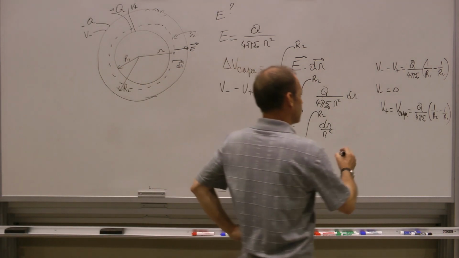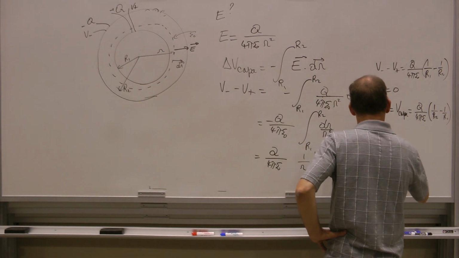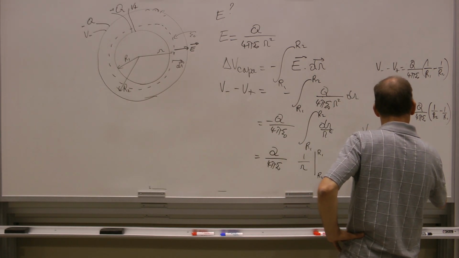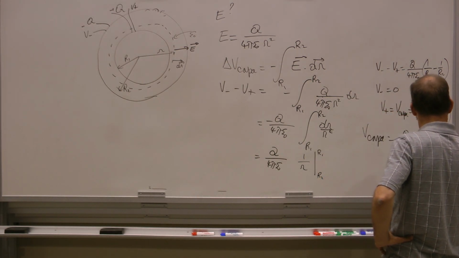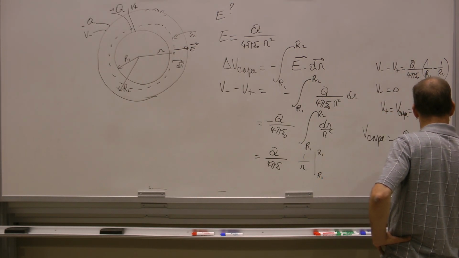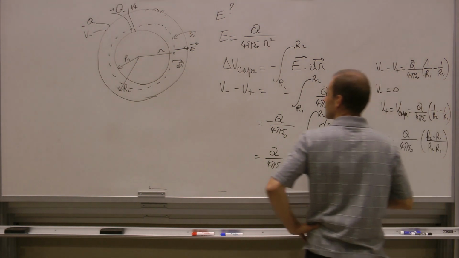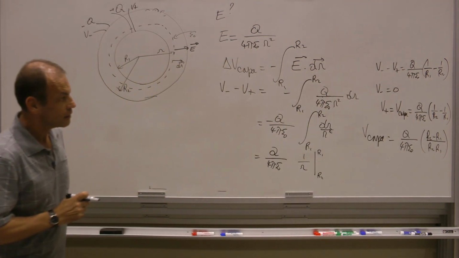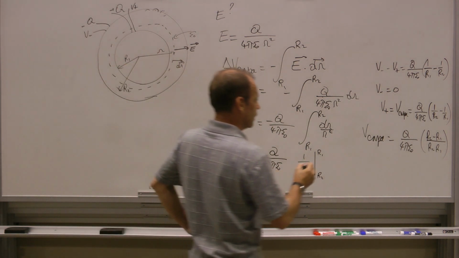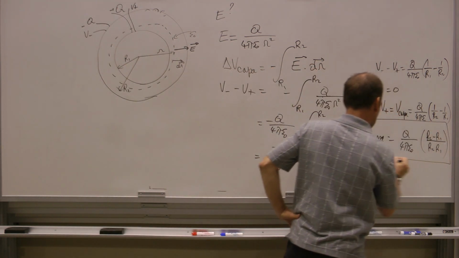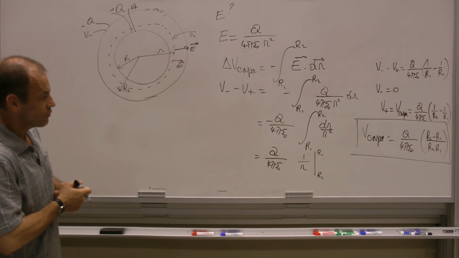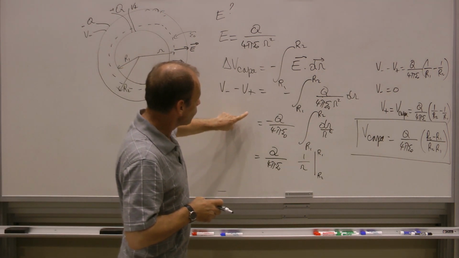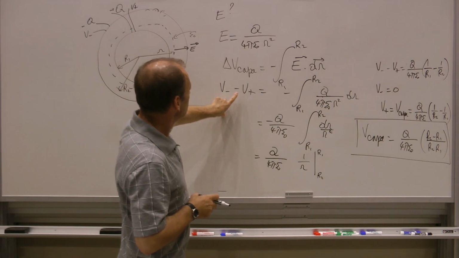The formula for the V capacitor should be Q over 4 pi epsilon 0, R2 minus R1 divided by R2 R1. So there appears to be a sign error somewhere, and I don't see it. That happens. And on the board, it's kind of difficult to pick. I'd like to move on, but I'm sure somewhere one of the signs got flipped.